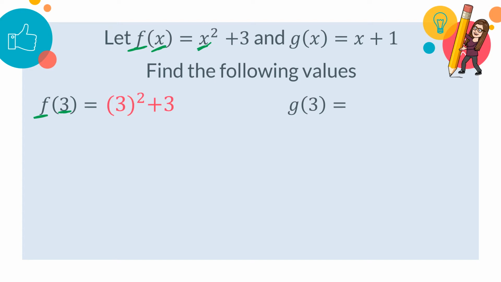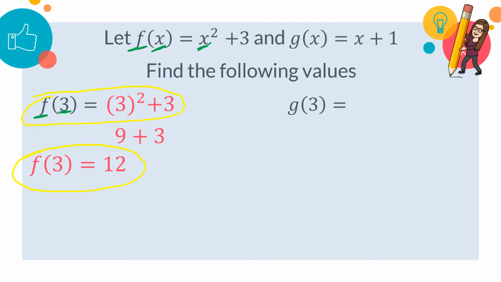So algebraically, I just need to see that you plugged in 3 into the f rule. From there, we're going to calculate and simplify to get a solution. Now, most of the rules are going to be mental math. So I want to see that you could plug it in, and I want to see what the result is. If you need to show any calculation work in the middle, that's up to you.